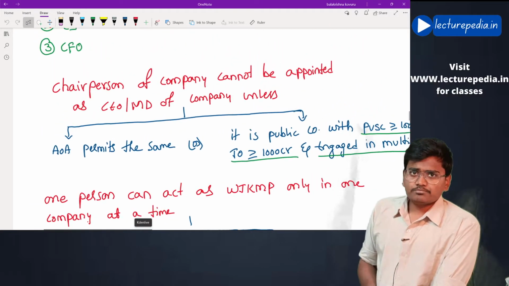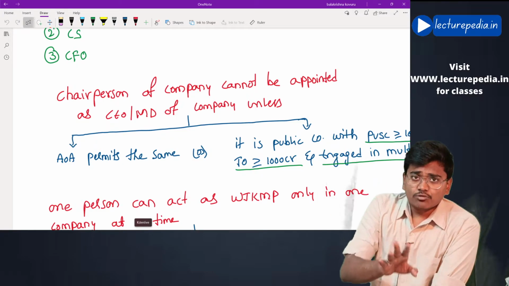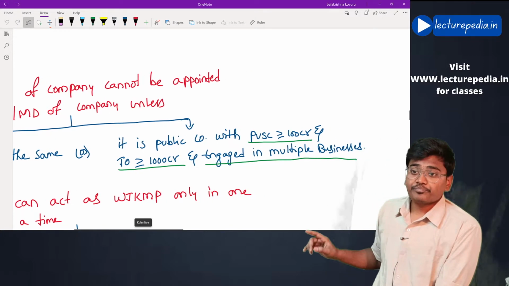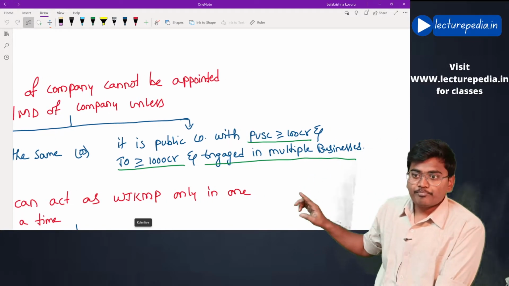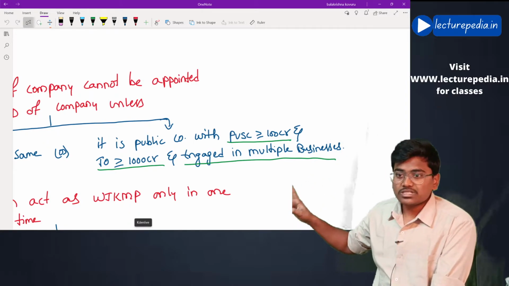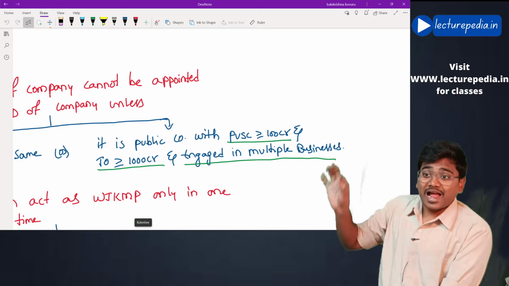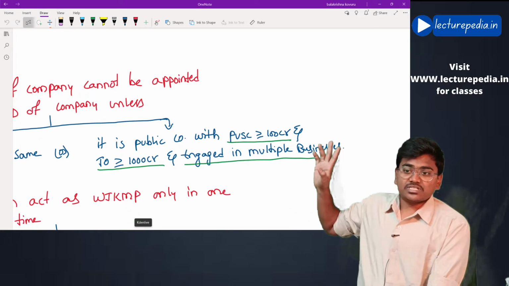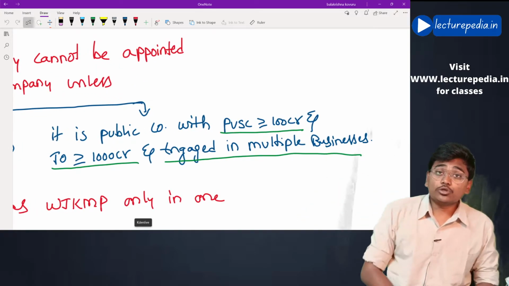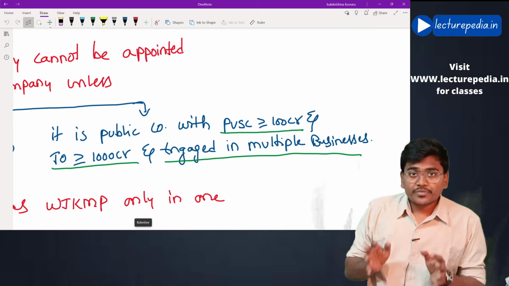If AOA permits, you can appoint. Or it is a public company with paid up share capital of more than or equal to 100 crores and turnover of more than or equal to 1000 crores and engaged in multiple businesses. If all these conditions together are satisfied, even in that case you can appoint the chairperson of the company as CEO or MD of the company.